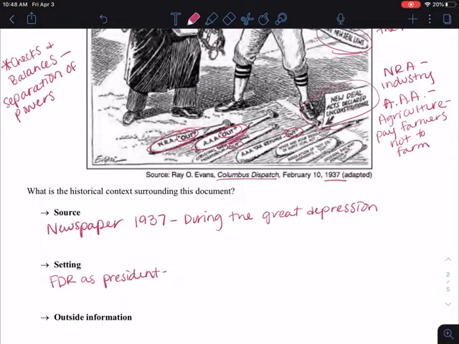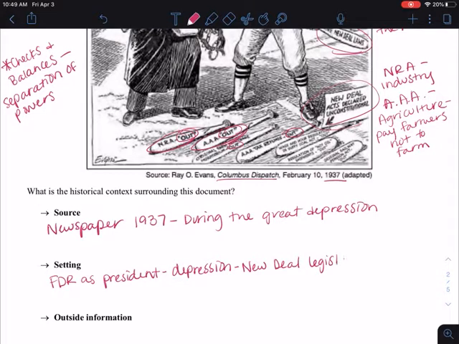We know that the country is in the Depression. We know that to solve the Depression, FDR is trying to put the New Deal legislation in place.